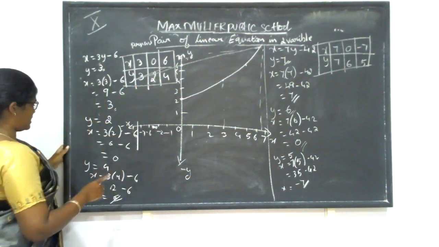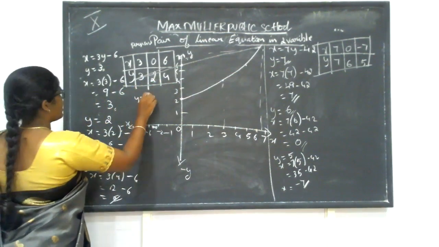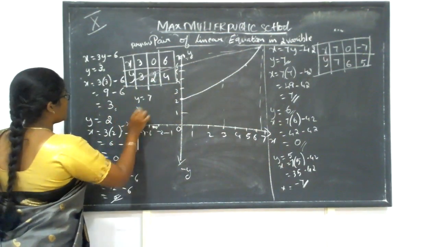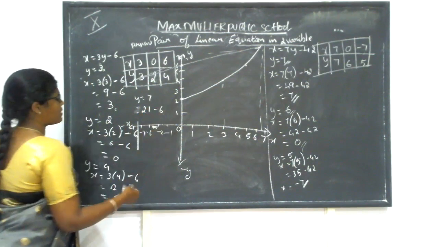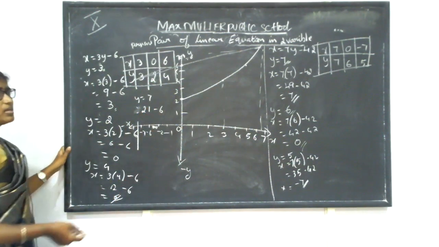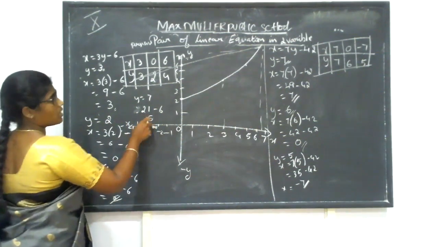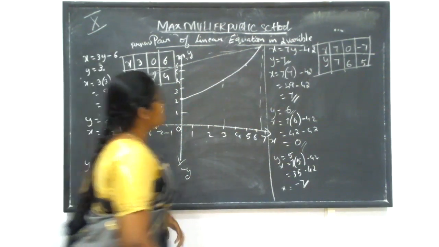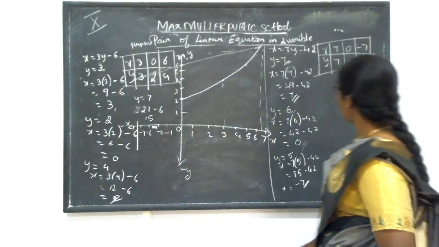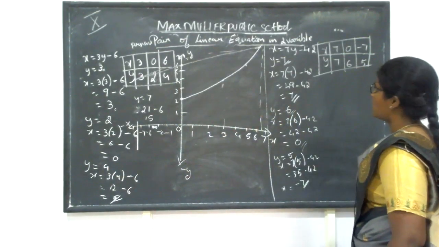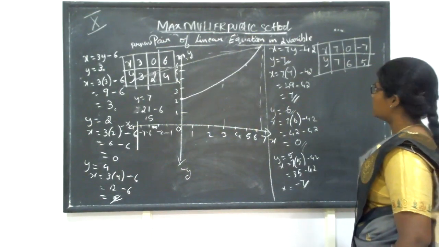Let me take it as 7. If I take y as 7, what will I get in this? 3 7s are 21. 21 minus 6 is 15. It won't intersect. If I take 3 here, what do I get? 3 7s are 21. 21 minus 42 is minus 21.